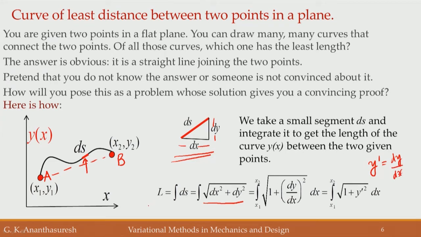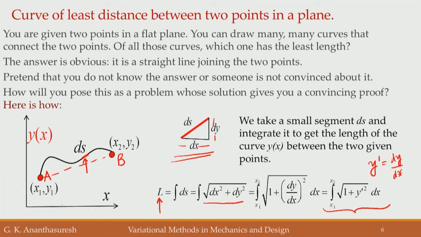So, what we get is this length of the curve or the distance of the curve between points A and B. If you draw a curve like what we have shown in black here, the length of that is given as an integral, or what we call a functional, which is from limits x1 to x2 square root of 1 plus y prime square dx.